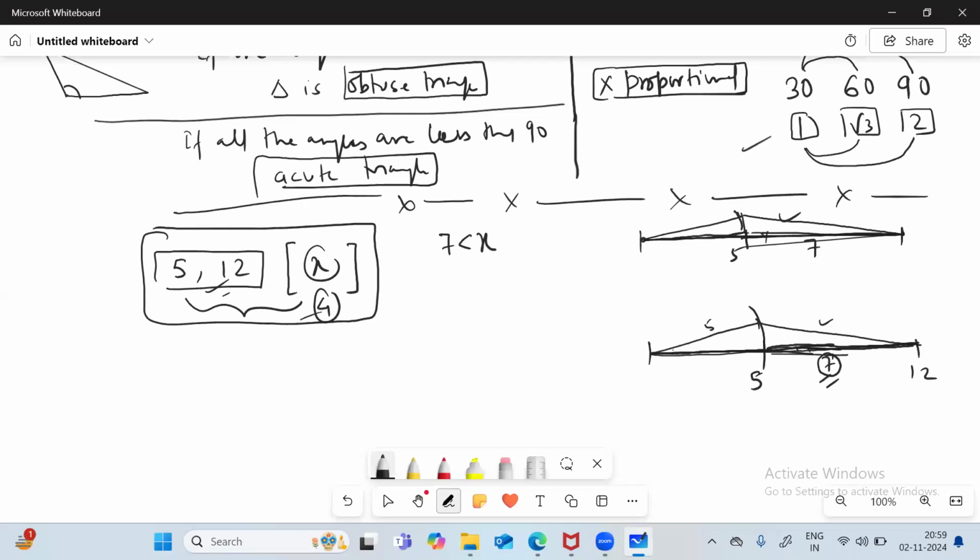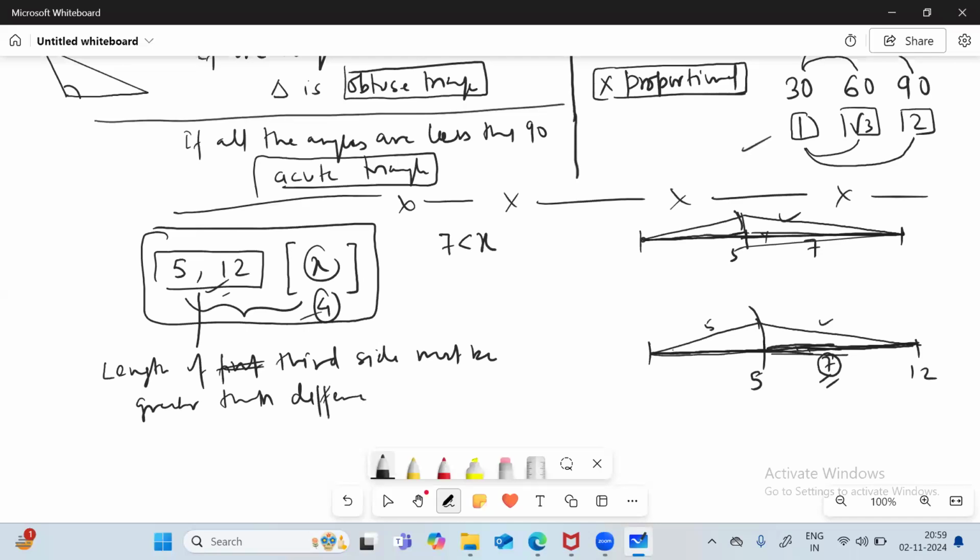So that's what I was talking about. The length of the third side must be greater than the difference of the other two sides. So I'll write the result here: the length of the third side must be greater than the difference of the other two sides.